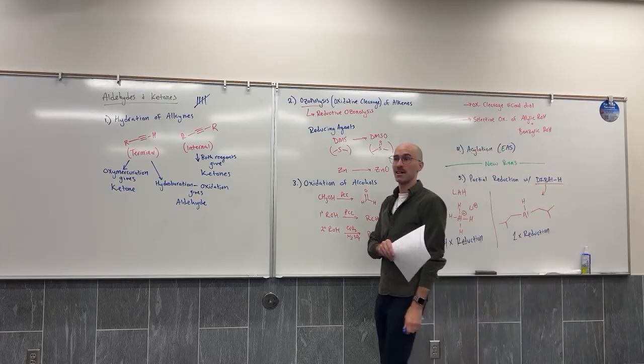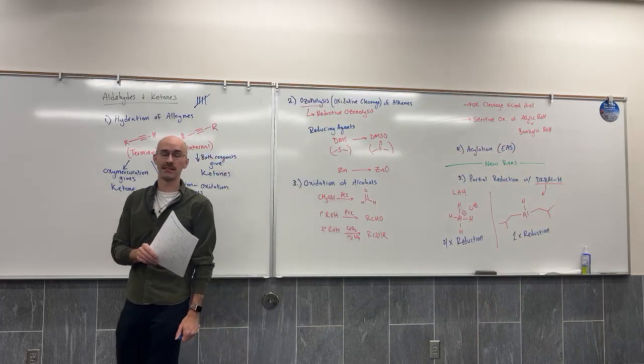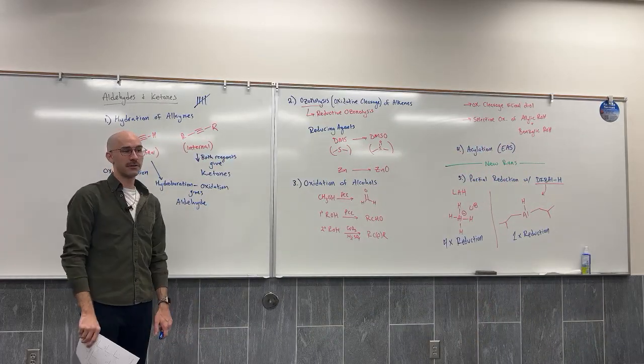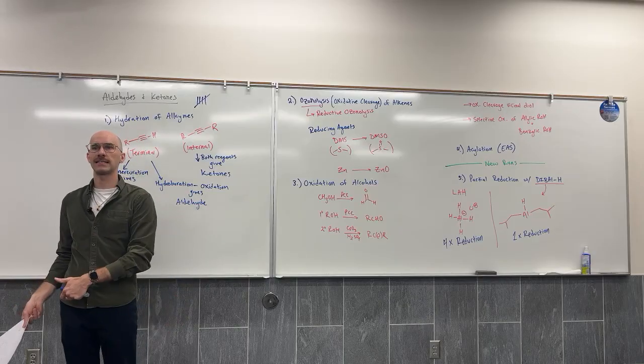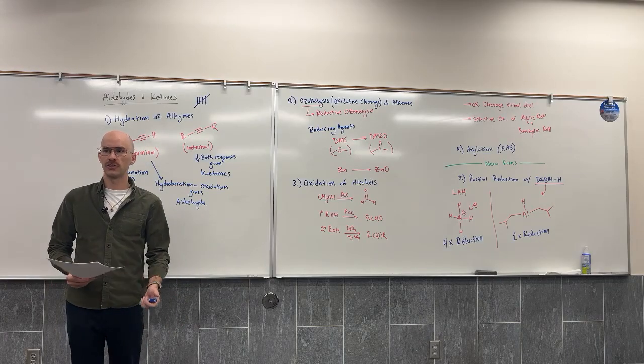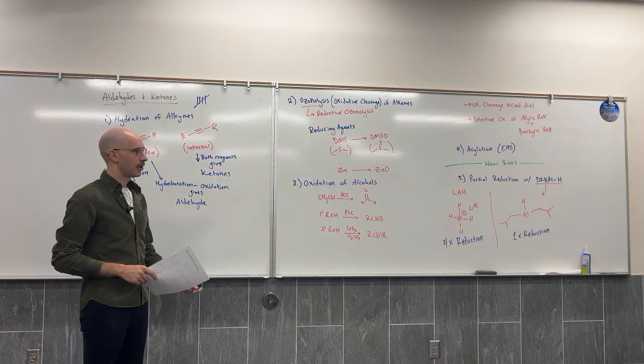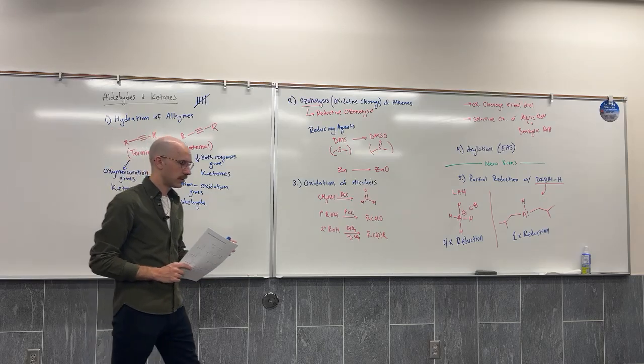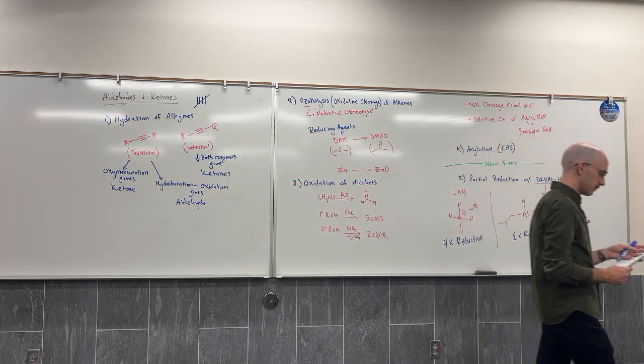So sometimes you don't want to take a carboxylic acid all the way down to an alcohol just to have to oxidize it back to an aldehyde. Instead, we use DIBAL and reduce it down to an aldehyde directly.